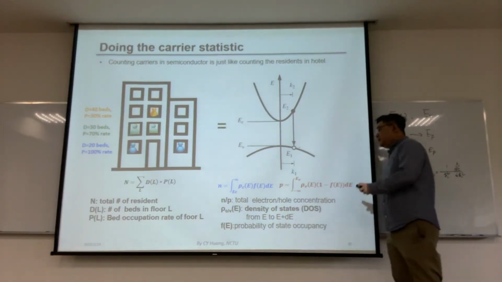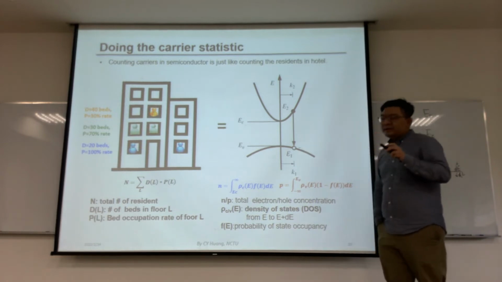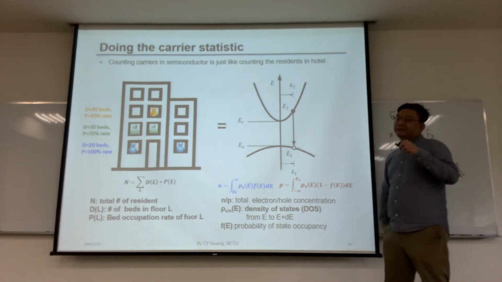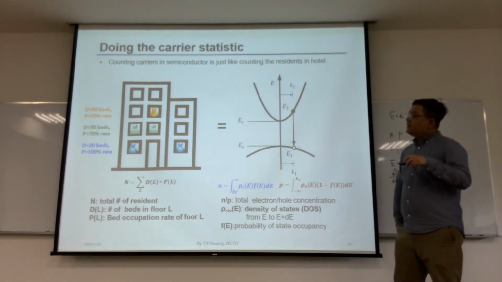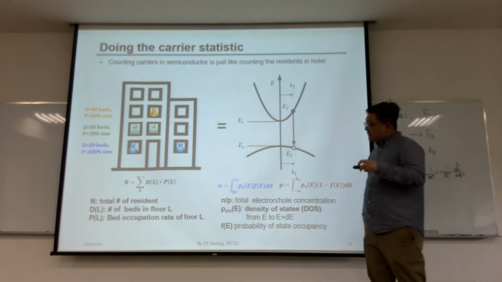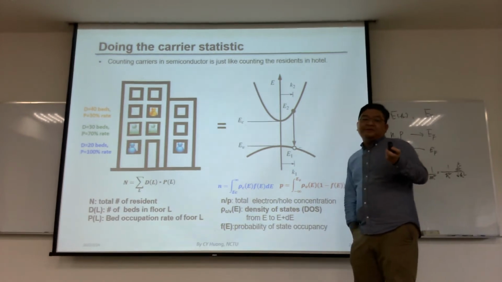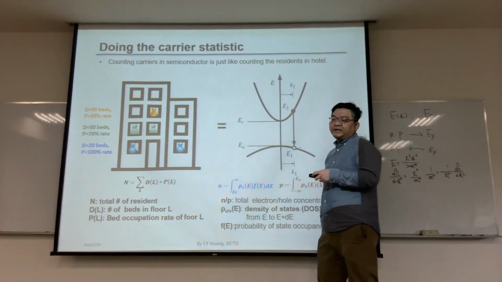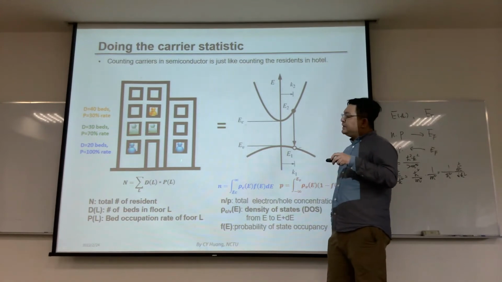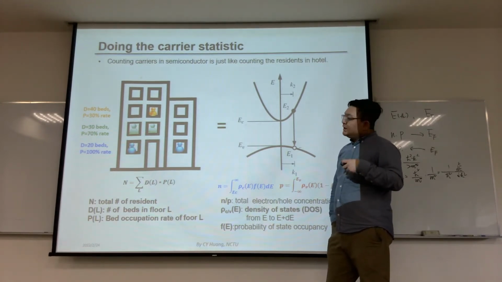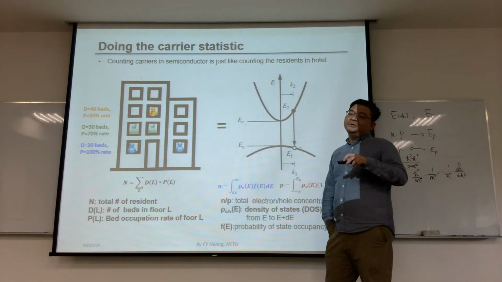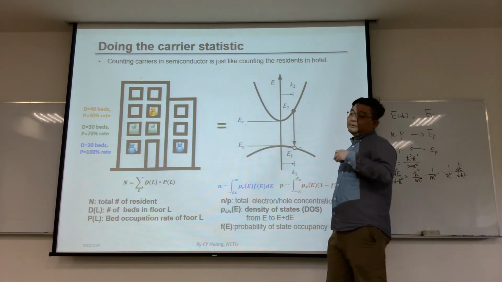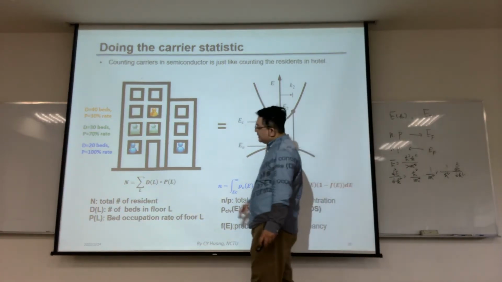So then how do we calculate the total carrier density in a common semiconductor? Let's start with a simpler case, not even relevant to physics. Let's consider a hotel with many different levels, and the people prefer to live in the lower levels.